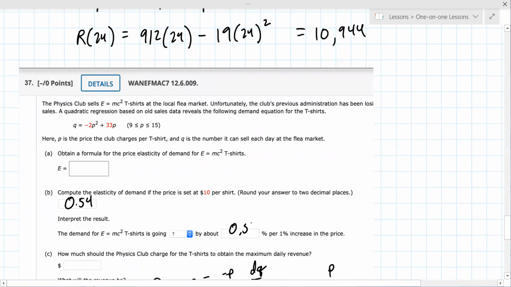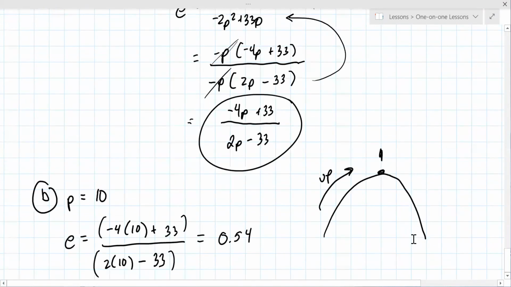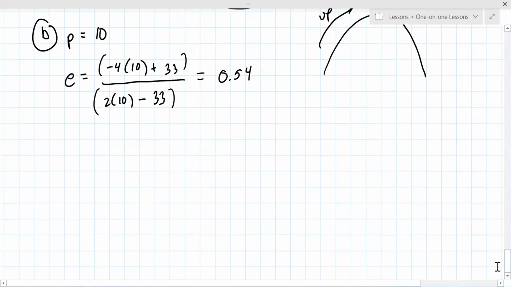This number is also 0.54. These always match. And then because it's less than 1, that's why it's going up. Okay. No, it's going down. But everything else is right. I would encourage you to check in with your instructor about that. I'm sure there's a very clear understanding of why that is. I don't have it.